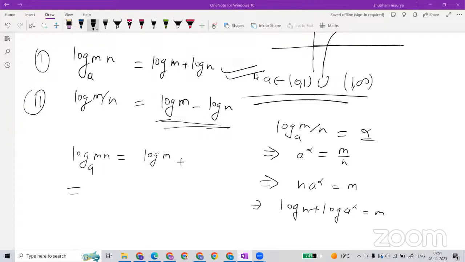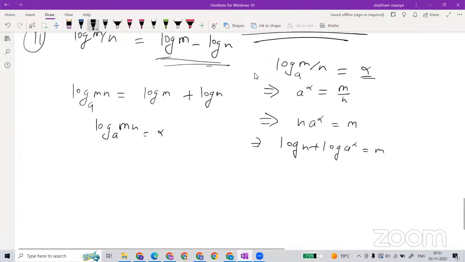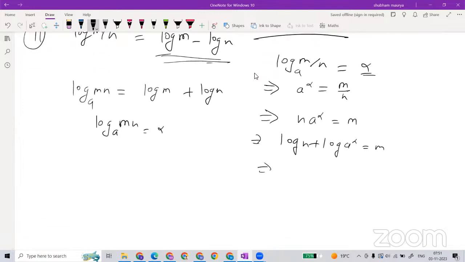So how can we prove it here? This one, log m plus log n. Again, the same way, let's assume mn is going to be alpha. So we got finally alpha is equal to log m minus, you will send this to this side. But we have to find this one, no? This is a to the power alpha is equal to mn.